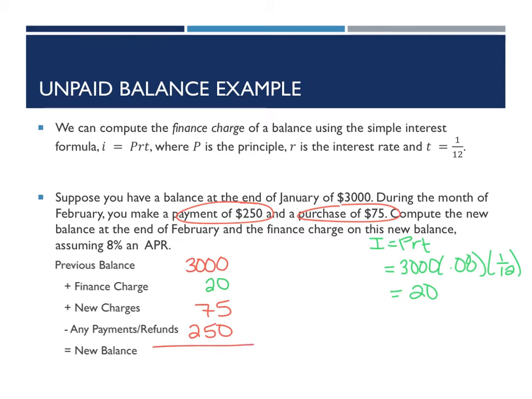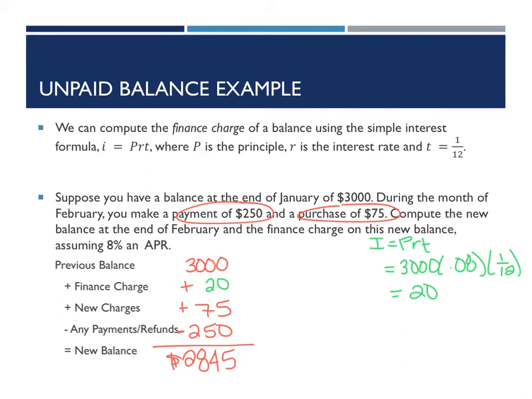Now we can get our new balance. So we should be adding and then subtracting that payment. If you put that in the calculator, you should get $2,845. That is the bill for February.